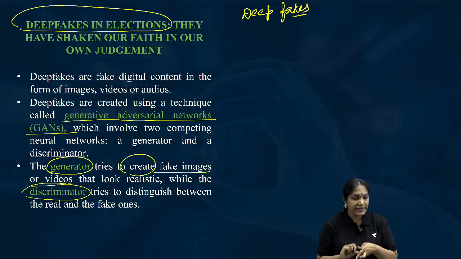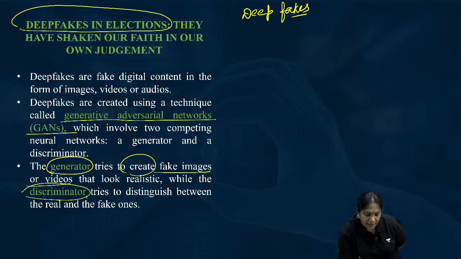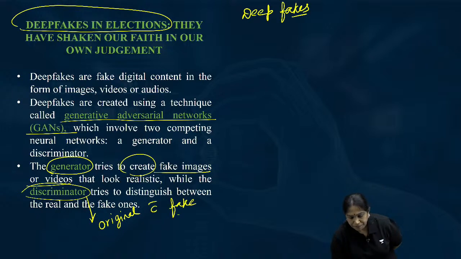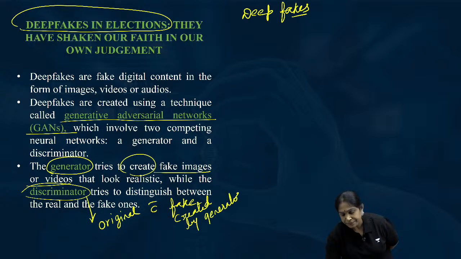What will the discriminator do? The discriminator compares the original with the fake created by the generator. Is it clear? The discriminator will compare the original with the fake video created by the generator.